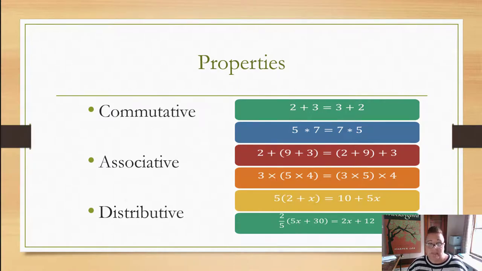If you're doing multiplication, if you multiply 5 times 7, you get the same answer as if you were to multiply 7 times 5. This is the commutative property. It says that the numbers can switch order, they can move positions, and your answer will still be the same. This happens with addition and it happens with multiplication. It does not happen with subtraction. It does not happen with division.